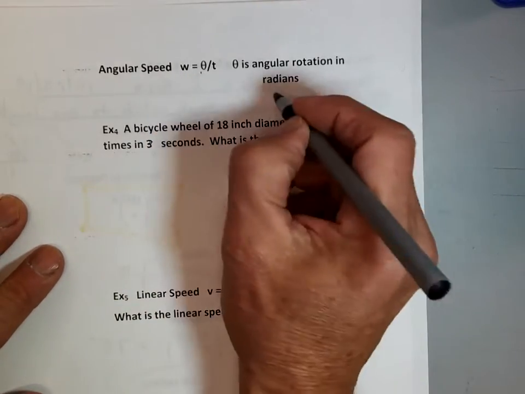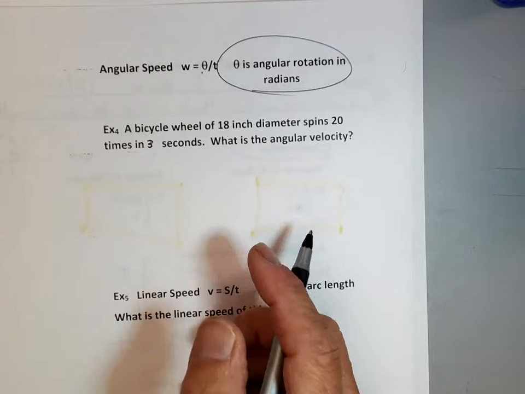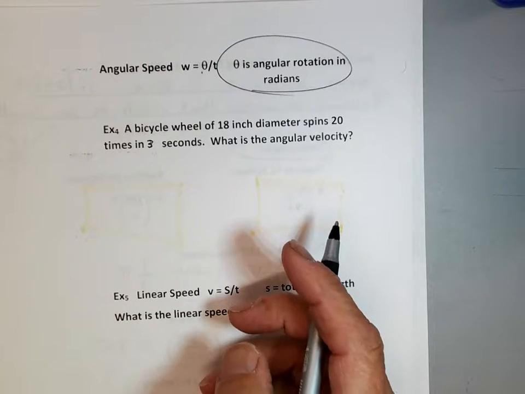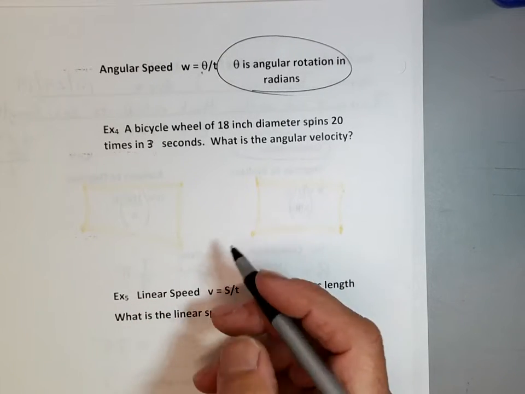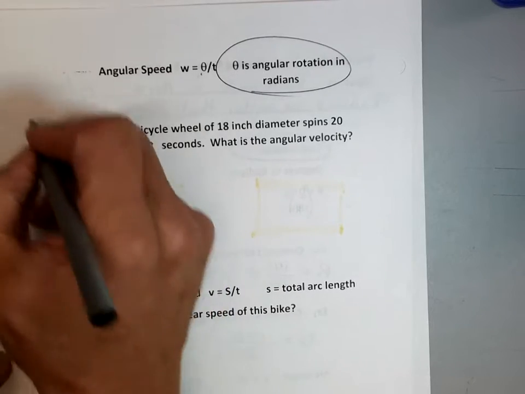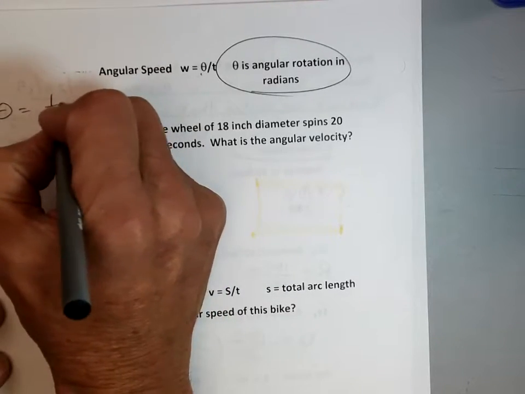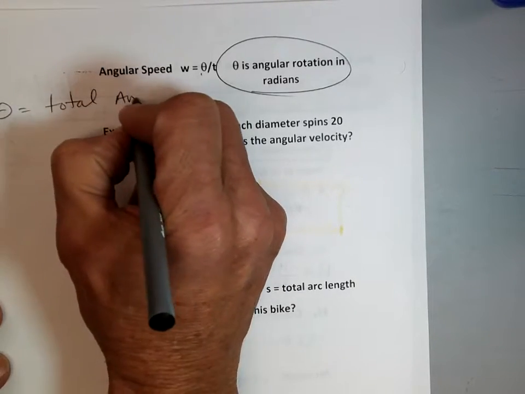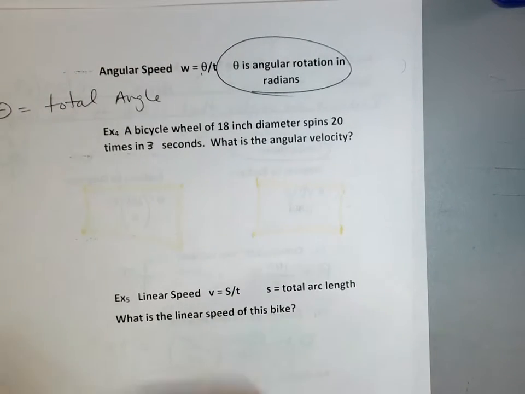Now theta is going to be the total angle. So for instance, if I spin it and it goes around 2 full revolutions, it's gone 720 degrees, right?